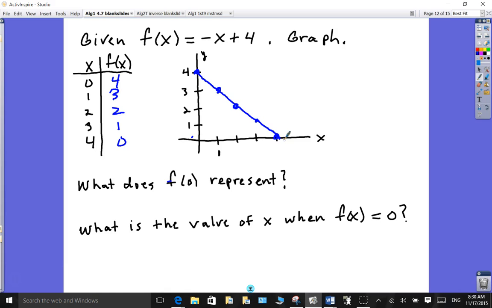So what is f of 0 on that graph? That point where the graph crosses the y-axis, that's called the y-intercept, right? And it's always the case, if you have a function, if you find f of 0, that's the y-intercept, okay?